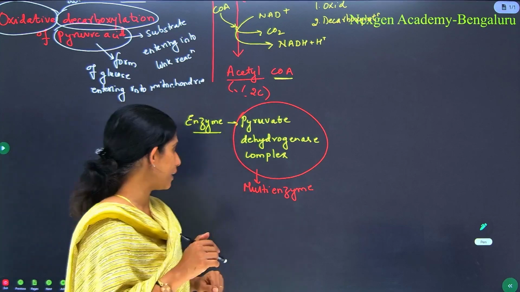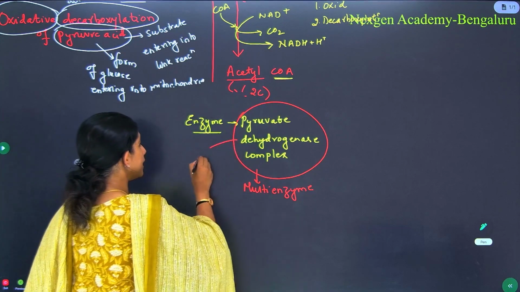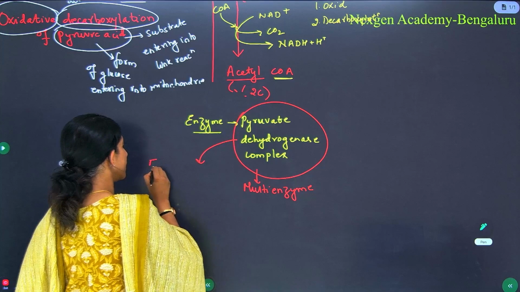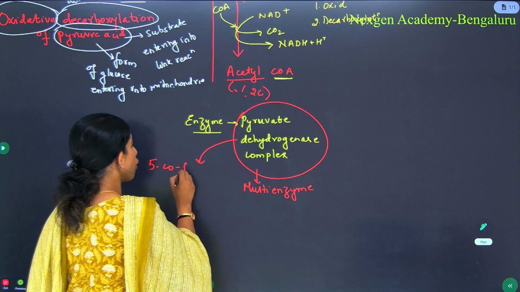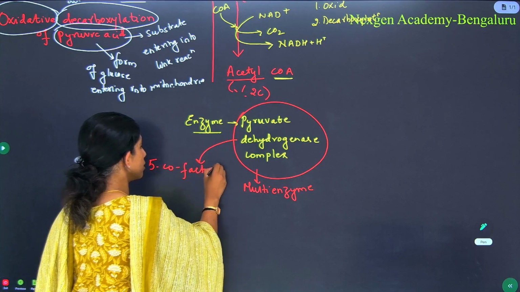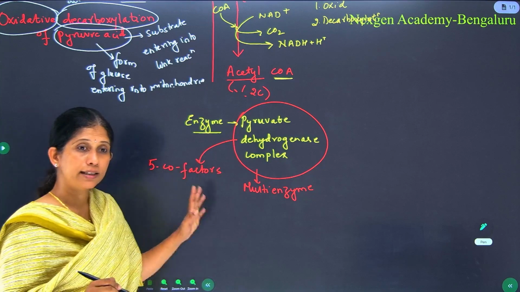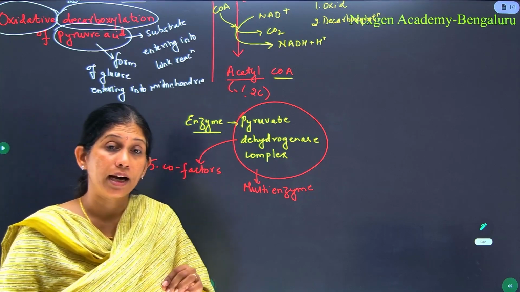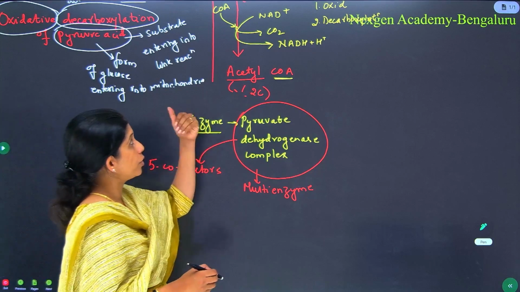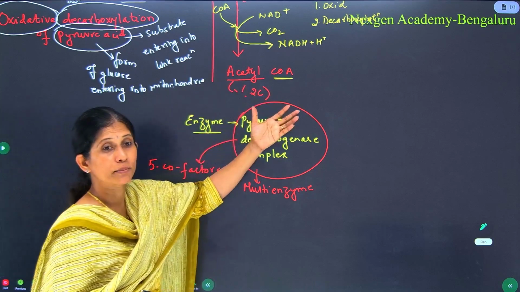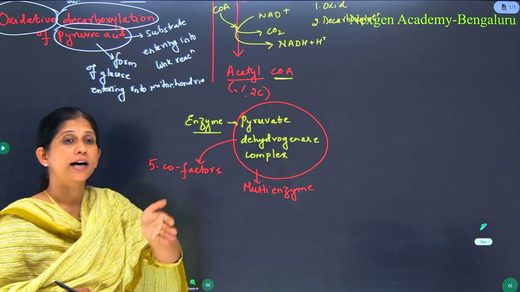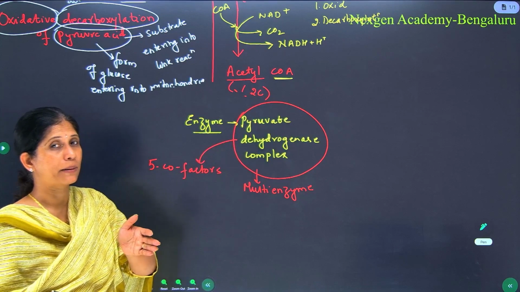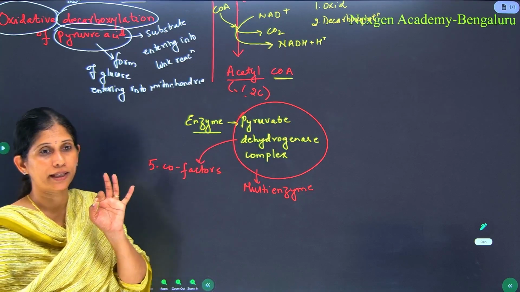For example, this pyruvate dehydrogenase complex contains 5 cofactors. This is not given in the textbook as such, but the question can be asked because in the reaction you already have 2 cofactors mentioned there. So what are the other 3 cofactors that will be participating in the process? We should keep it in mind.